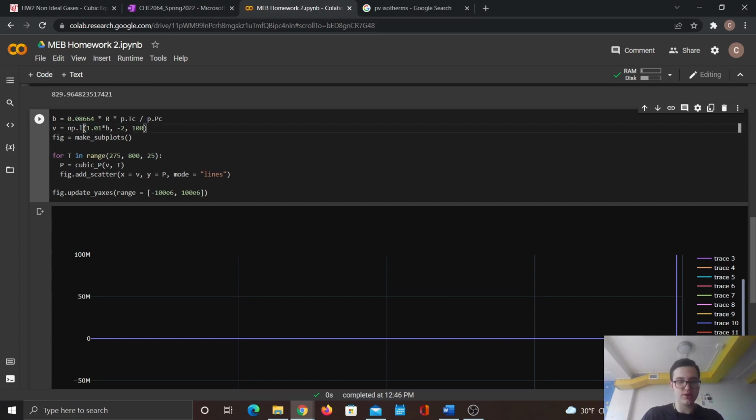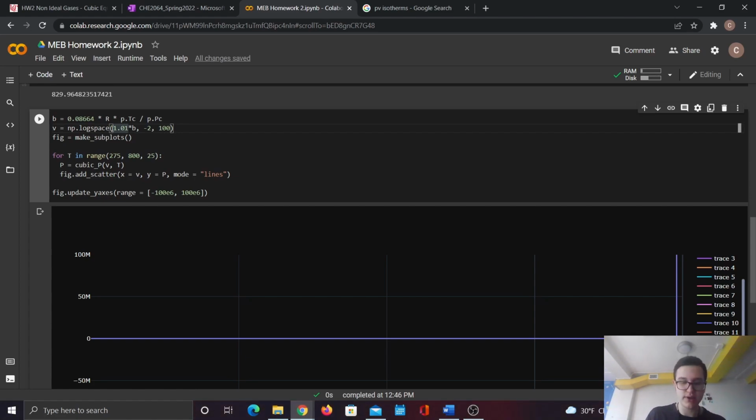Let's try log space. Now, log space is interesting because it takes these values and adds them to, if the log of something is 10 to that power. So this means that log space takes this value and puts it as the power of 10. So negative 2 will be a power of 10. 1.01 times b will be a power of 10.